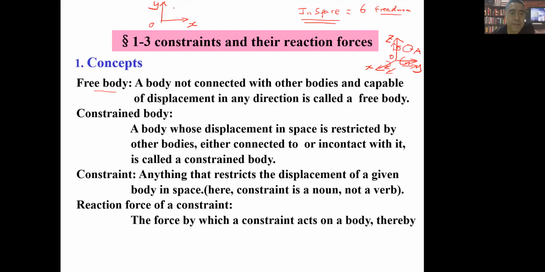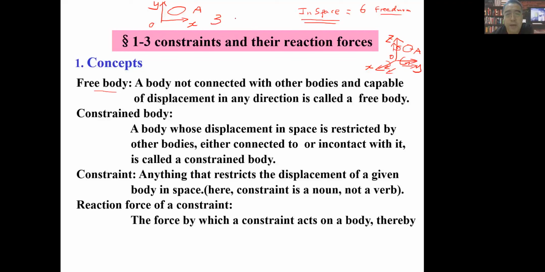If we have another body A, but this time it must always be in this plane, you can imagine I have a brush. Can you see my hand? If I put it onto a blackboard and let it only move on the plane, then it will only have 3 independent capable movements.